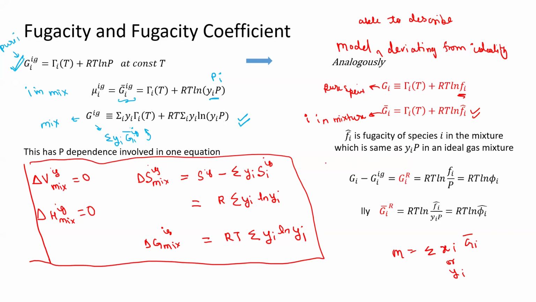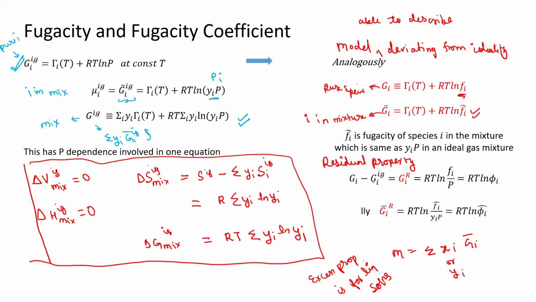Now, I define the residual property. This residual property is defined for gases, whereas excess property is defined for liquid solutions.